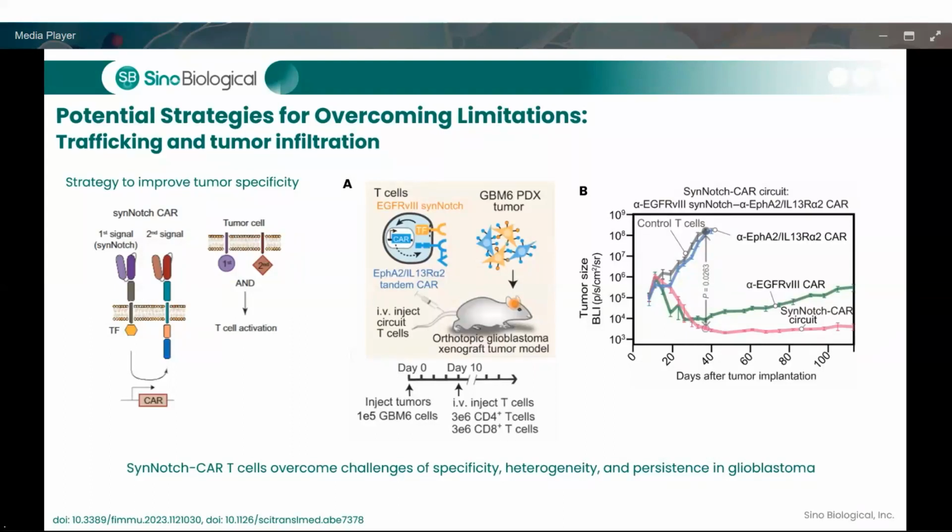However, treatment with the constitutive EGFR-V3 CAR T cells only showed initial tumor shrinkage, but consistently resulted in recurrence. In contrast, all of the mice treated with the SynNotch CAR T cells showed complete remission of the GBM6 tumors.